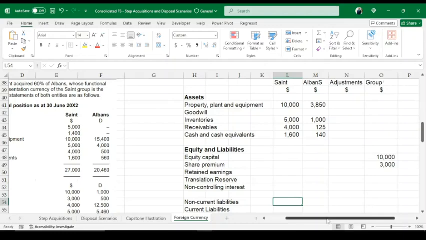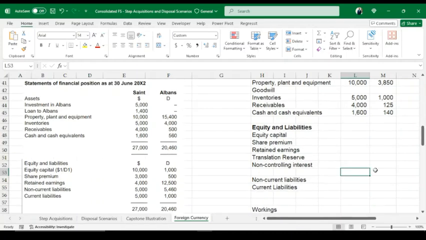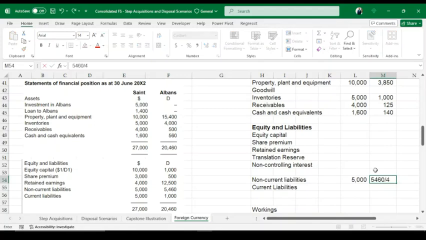So with our non-current assets, for Saint, we have $5,000, and then for our subsidiary it is 5,460. We are going to divide that by 4.